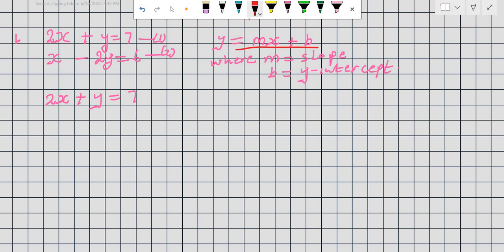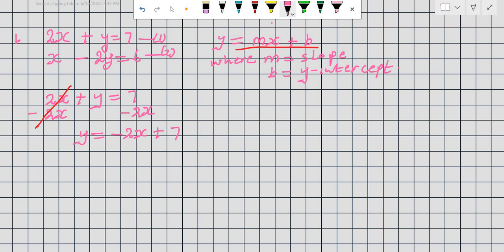So let's subtract 2x from both sides so that we can isolate the y. So minus 2x, minus 2x. Automatically, 2x minus 2x will cancel out. And now we are left with y equals negative 2x plus 7.